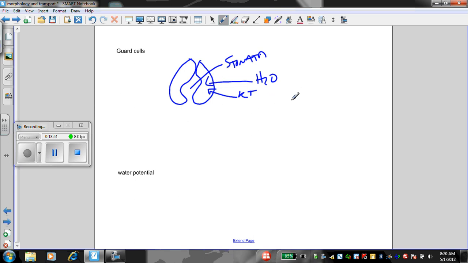If we pump the K+ out, water follows, and the guard cells become flaccid. And because it becomes flaccid, the cells have an unflexed version, so they actually close together here, and the stomata closes.